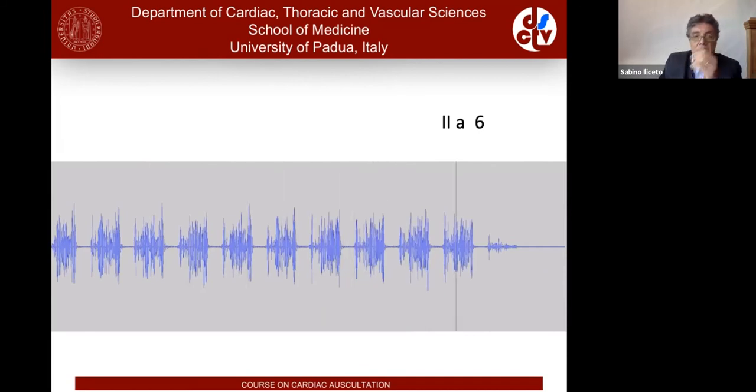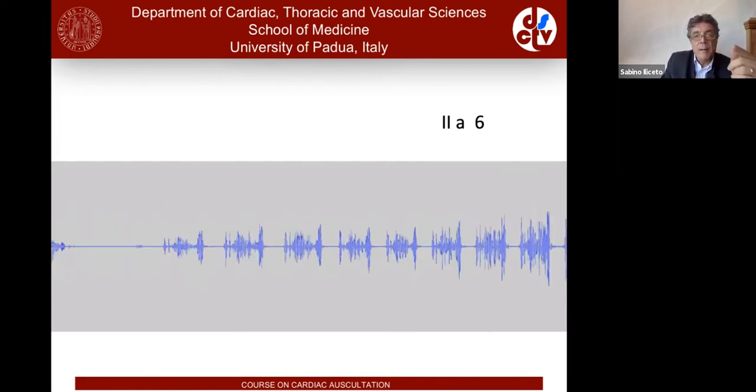So as the patient becomes tachycardic, the output will increase, the flow through the mitral valve will increase, and if the flow through the mitral valve increases, then as you can easily appreciate, the murmur will increase.